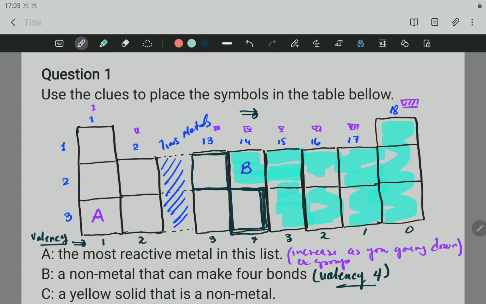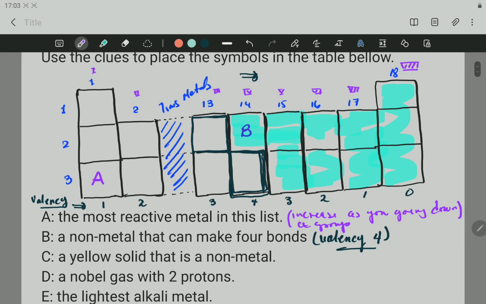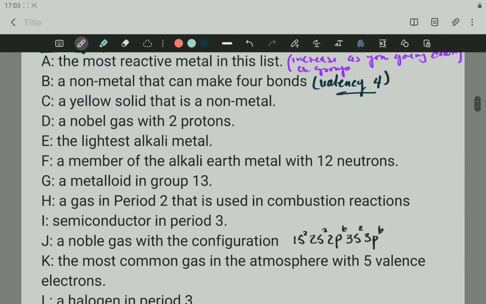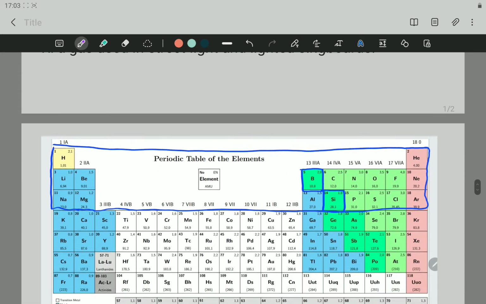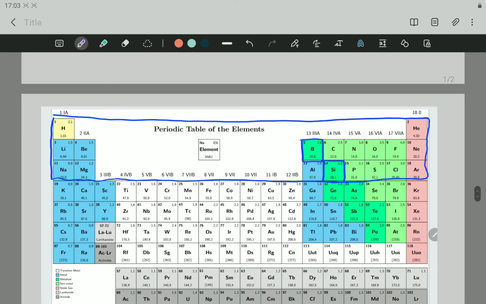Okay, moving on. C, a yellowish solid that is a non-metal. We're looking for all these substances here. If we go to the actual periodic table, we have nitrogen is a gas, we have phosphorus, oxygen, sulfur, fluorine, and chlorine. So it's one of those.